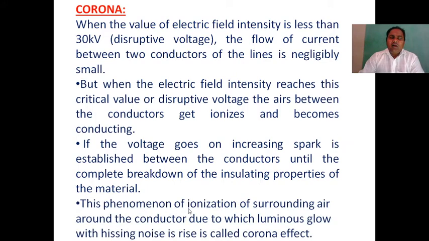The phenomenon of ionization of surrounding air around the conductor, due to which a luminous violet glow with hissing noise arises, is called corona effect. This is very important. Corona causes continuous power loss, which decreases the efficiency of the transmission line.